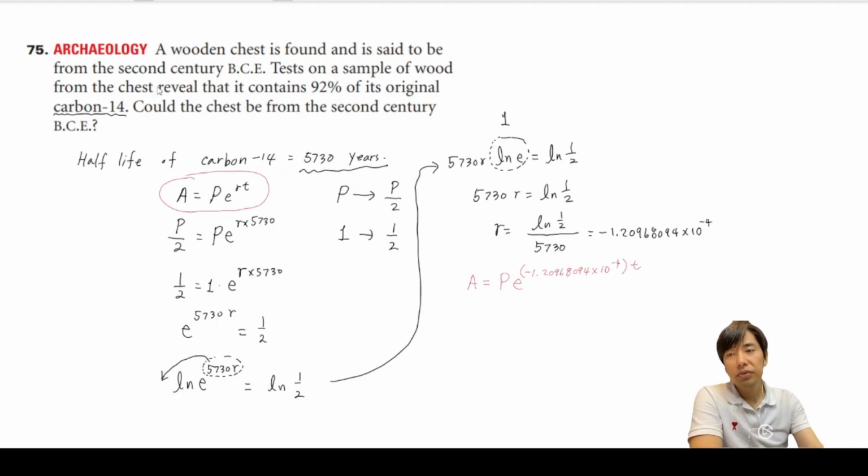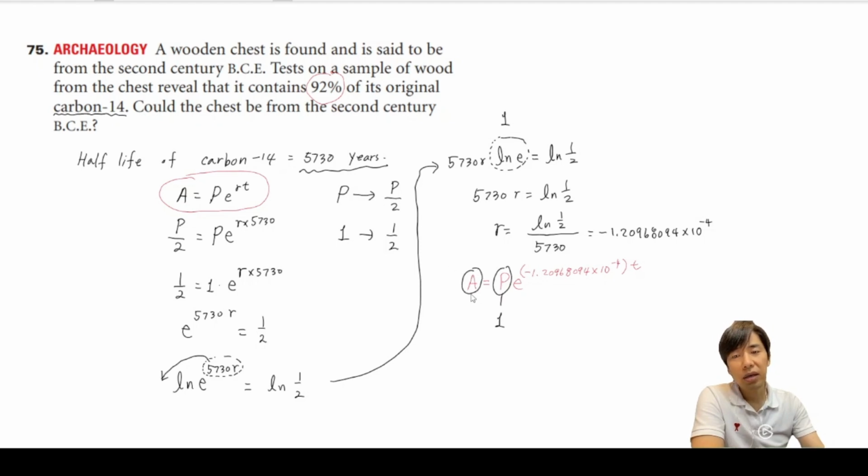This one says now it contains 92% of its original carbon-14 after some number of years T. So if the initial amount was 100%, which is 1, 92% of its original remains here.